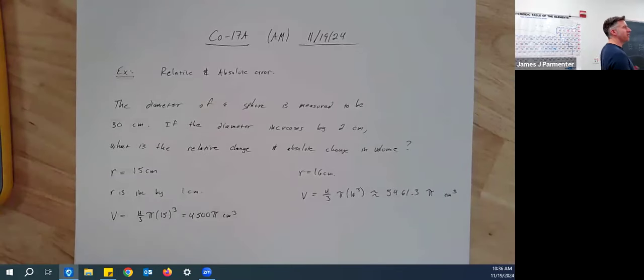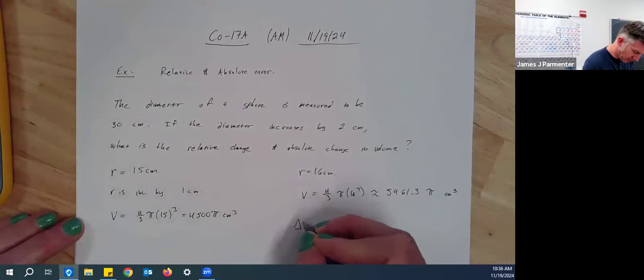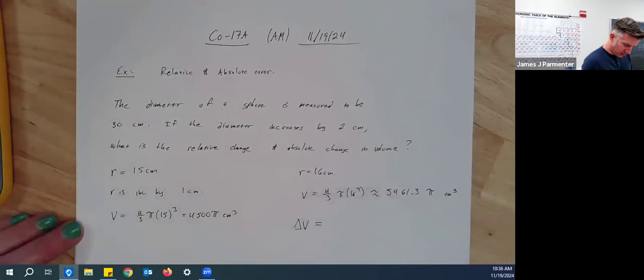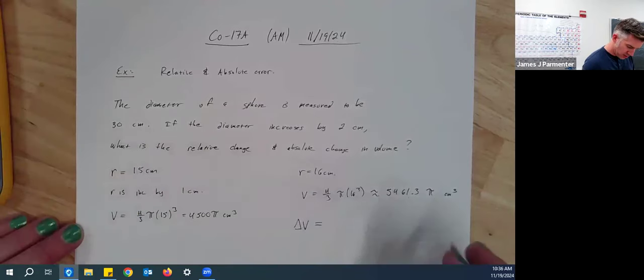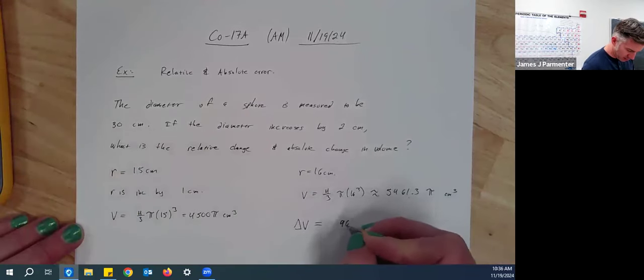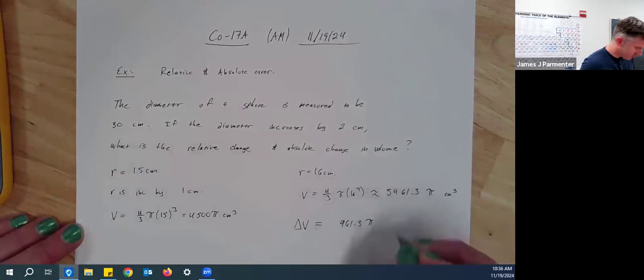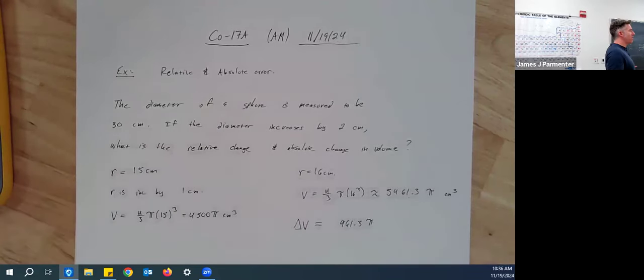So the actual difference, the change in volume, is that amount minus that amount, which is 961.3 pi.